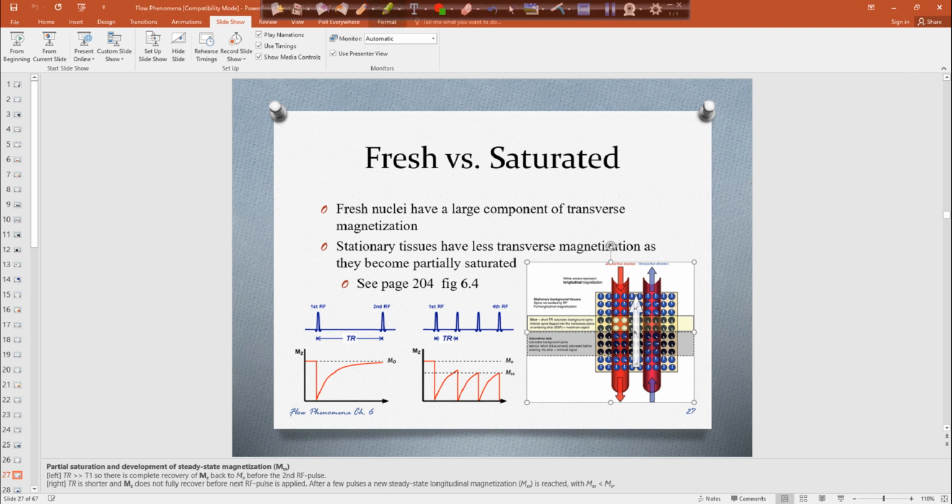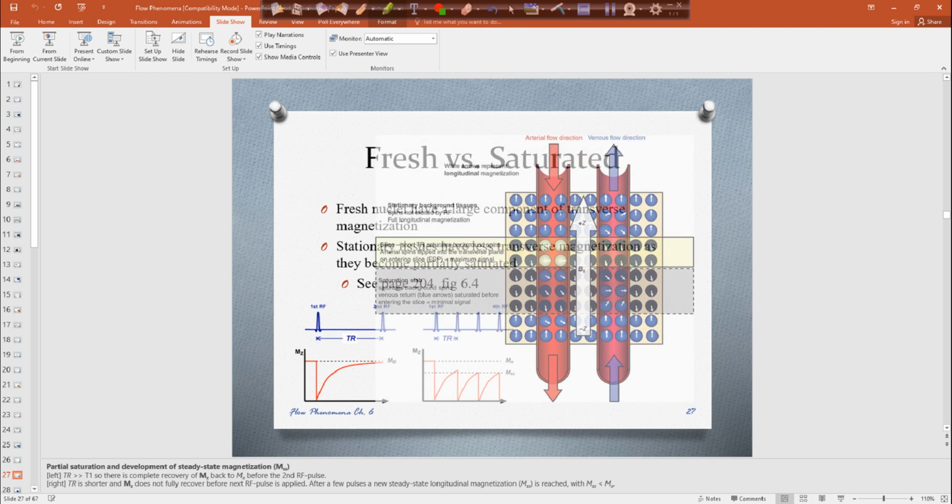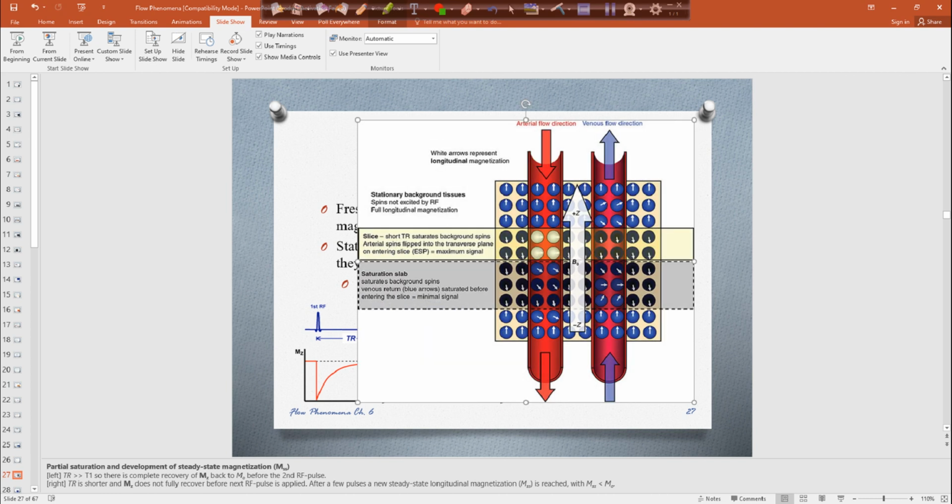So this diagram here, let's see if we can blow it up a little bit. Here, our stationary tissues, everything usually starts, once again, in the longitudinal axis that goes with B sub 0, our static magnetic field. Everything matches our net magnetic vector. So here we have arterial blood flow and venous blood flow. This is stationary tissue. If we have a short TR, here's our actual slice.